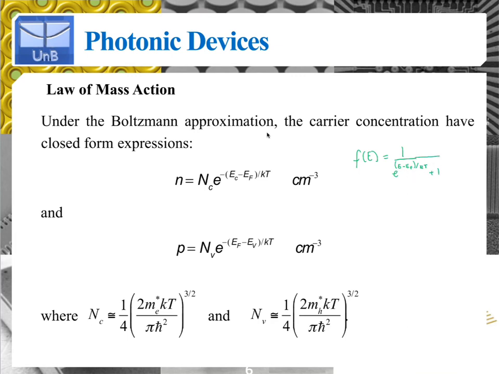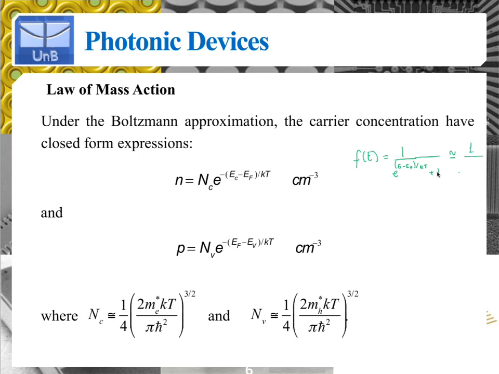But if the Fermi level is not too close to either band edge, then this exponential is much larger than 1, and therefore this can be approximated by this expression right here.